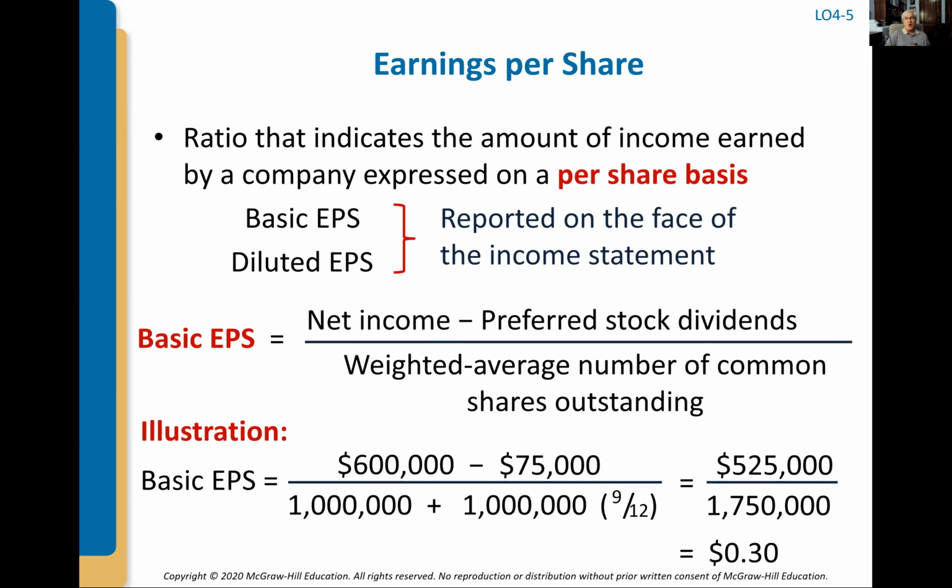Next subject, earnings per share, which I talked about before, and how important it is. Basic earnings per share and diluted are two types. Basic earnings per share is just net income minus preferred stock dividends, because they're not available to common stockholders, divided by the weighted average number of shares outstanding. Whatever the share count is, that's what we use.